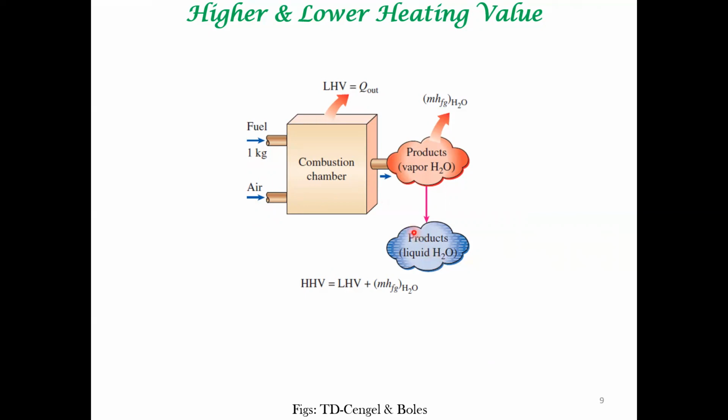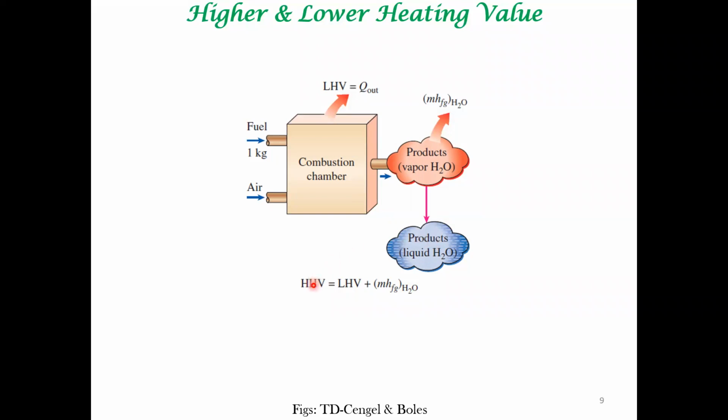If you release vapor, the heat transfer involved in such a process when the product is in the form of water vapor is called lower heating value. Why? Because when you cool down this water vapor to liquid water, new bonds are formed, hydrogen bonds are formed, that would involve some more heat release.